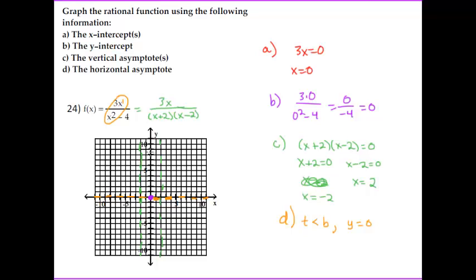So our graph, now we're going to have to go and plug in at least a couple points. Remember that a horizontal asymptote is only really an asymptote at the ends of your graph. In the middle, your graph can cross that point. So let's plug in something like, has to be bigger than -2, it's got to be somewhere over here. So let's plug in -3. So 3 times -3 over (-3) squared minus 4.